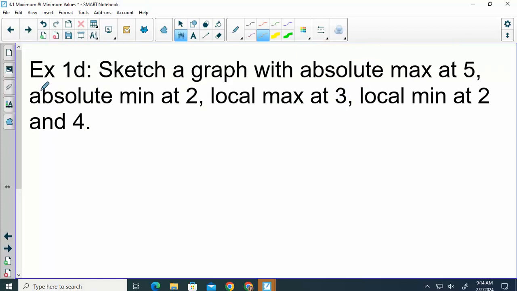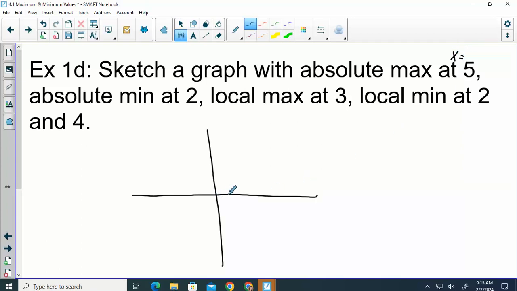Let's see if we could draw a graph to meet some requirements. So we want to graph an absolute max at 5. I should have been a little more clear. When I say an absolute max at 5, I mean when x equals 5.